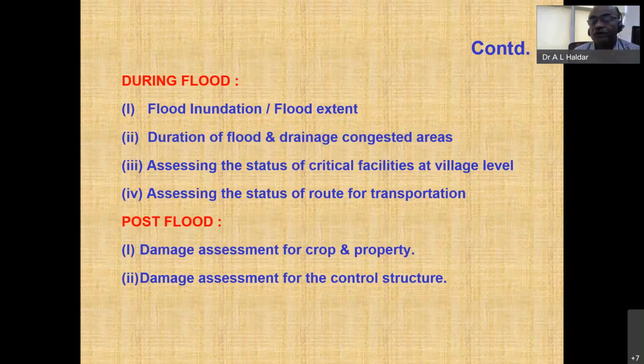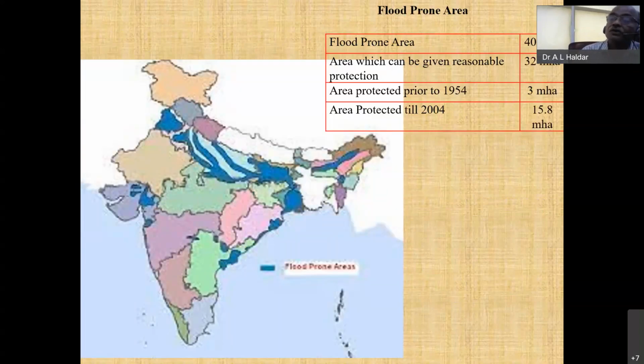You have to know the status of critical facilities so that you can transfer the public to safe areas. They can be shifted peacefully and will be safe. And you have to assess the routes of transportation, assess the property damages, assessment of stuff. These are the things.